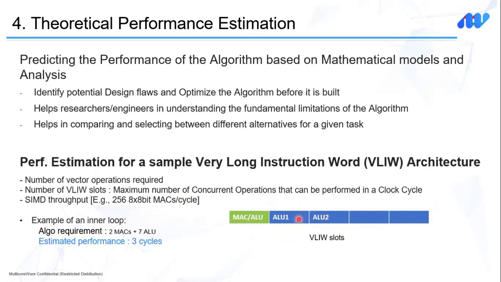So given this scenario, a total of 9 operations can be completed in 3 cycles, depending on the algorithm's specific operations and their dependencies.